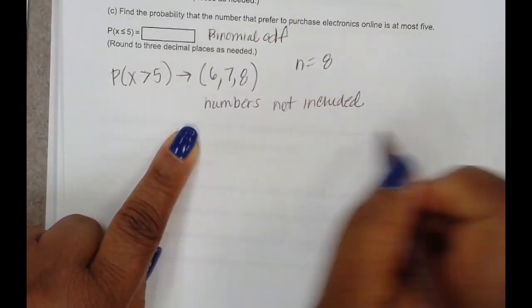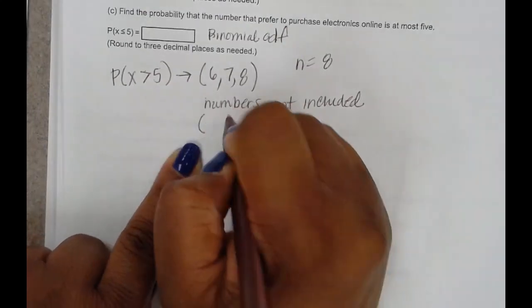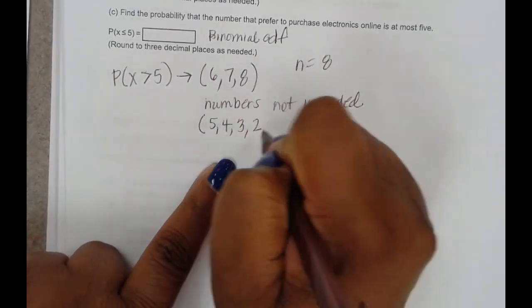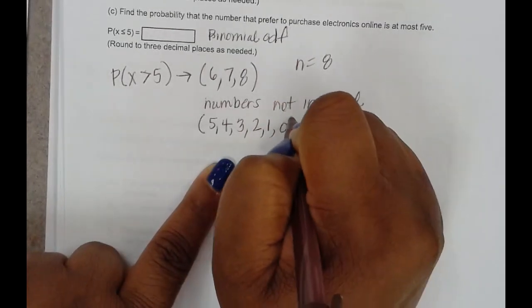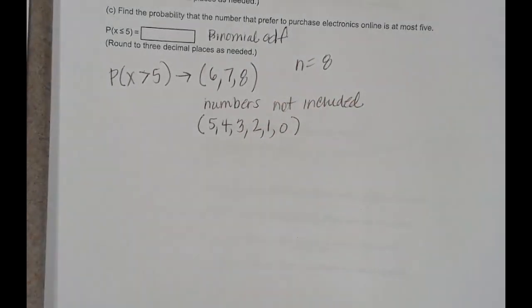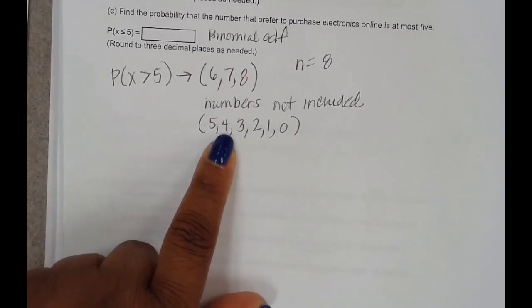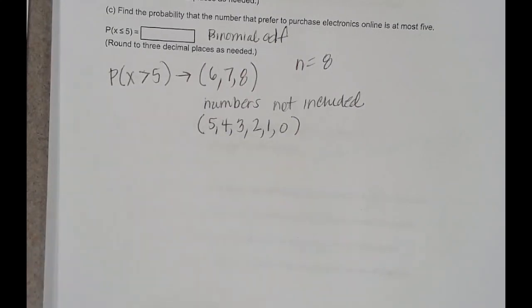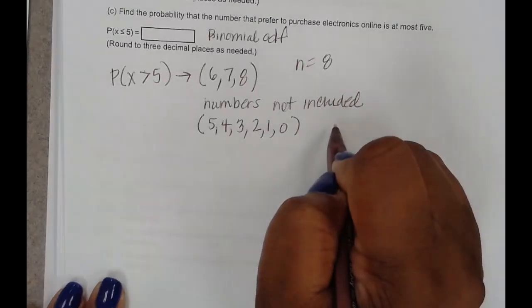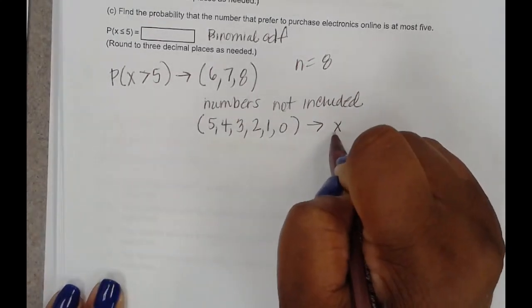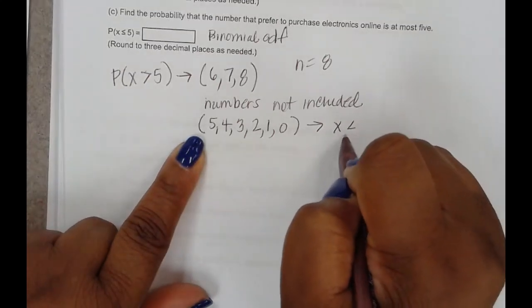Then we're talking about 5, 4, 3, 2, 1, 0. How can I write an inequality statement to represent those? Well, that inequality statement would be x is less than or equal to 5.